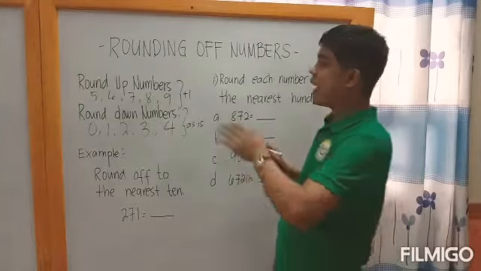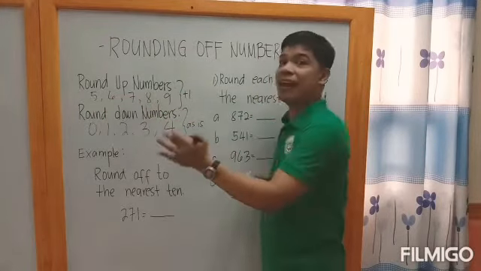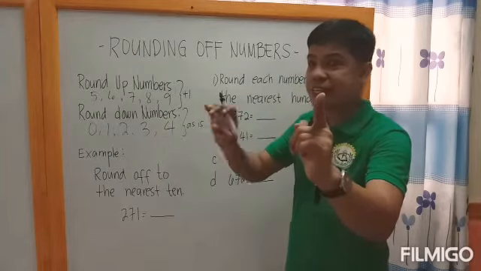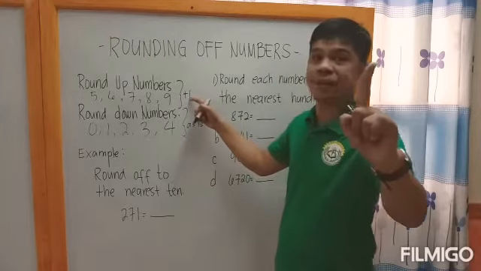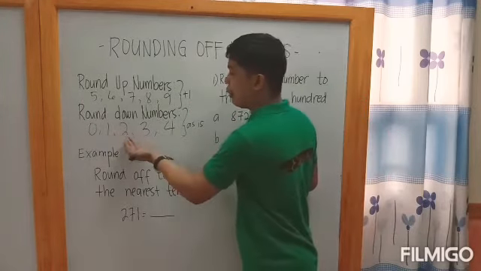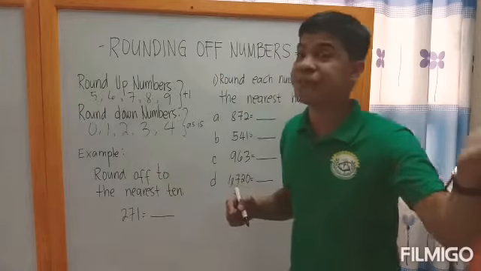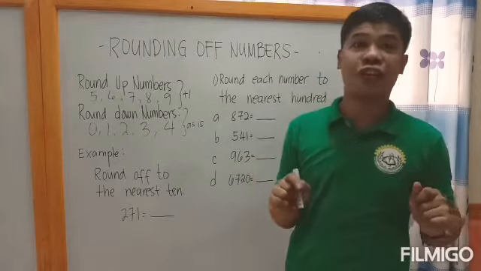Look at this again. Round up numbers 5, 6, 7, 8, and 9: if you see that in a given number in the problem, you will add 1 point. If you see 0, 1, 2, 3, 4, these are round down numbers, meaning you don't need to add 1 point to the target number.